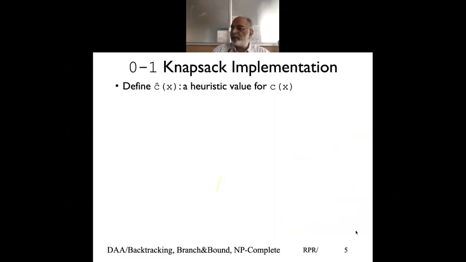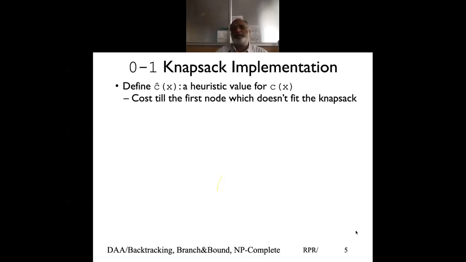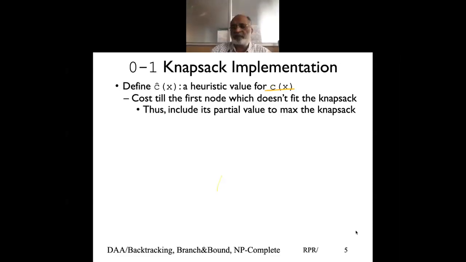So let's look at our basic problem. Again, we can't know the least cost, because if we knew it, we'd have the answer. So we build a heuristic estimate of the cost function such that you can compute it without exploring the entire subtree. So my estimation of C(x) cannot be exponential.